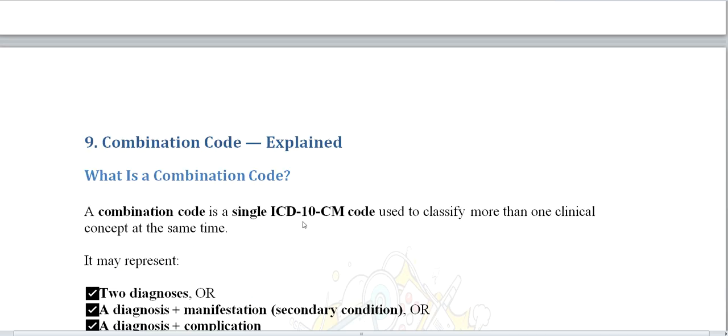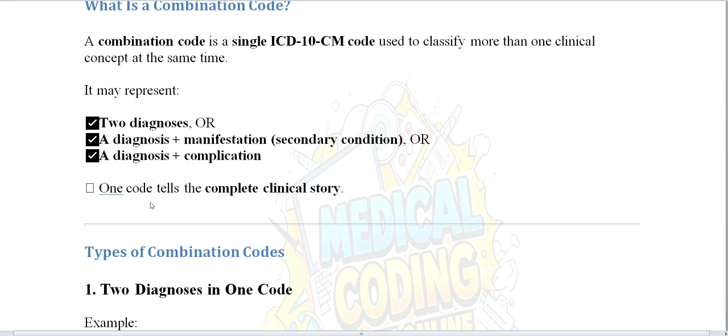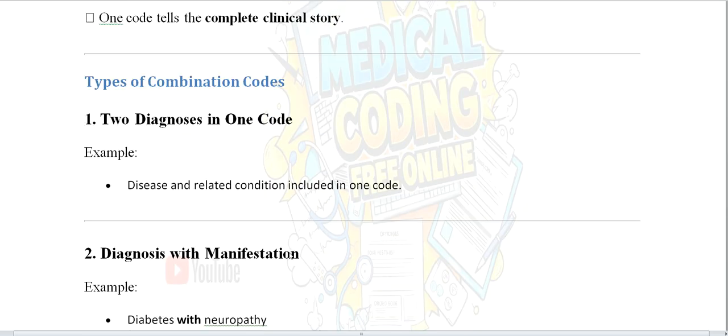So what is a combination code? A combination code is a single ICD-10 code used to classify more than one clinical concept at the same time. It may represent two diagnoses, a diagnosis plus manifestation or secondary condition, or a diagnosis with complication. One code tells the complete clinical story. So types of combination codes: two diagnoses in one code, for example a disease and related condition included in one code.